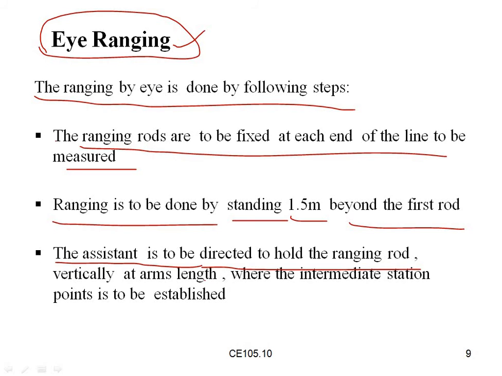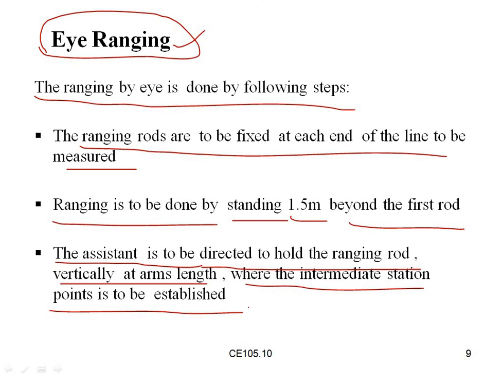Holding the ranging rod, it should be vertical at arm's length, where the intermediate station points are to be established. So the assistant is to be directed to hold the ranging rod vertically at arm's length, and the intermediate points also should be established.